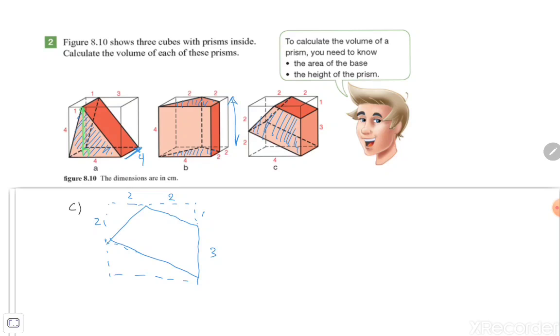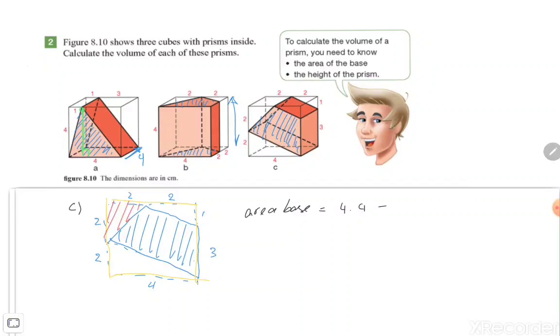If I make a sketch of the whole situation, the last part is 2, and this whole line is 4 centimeters. So we're going to calculate that whole area, and we do exactly the same as we did with exercise B. We calculate the whole square. So the area of my base is 4 times 4, but now we subtract not 2 but 3 triangles.